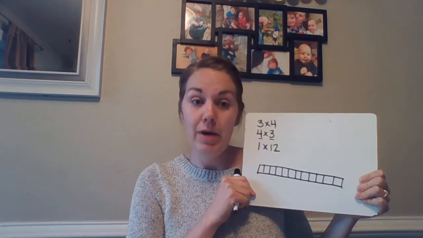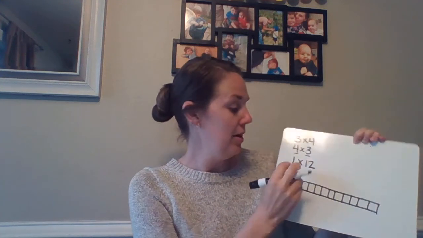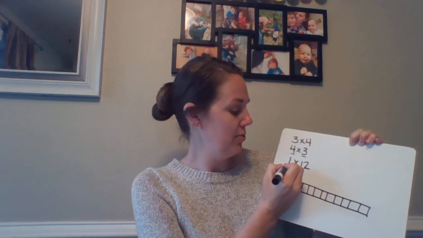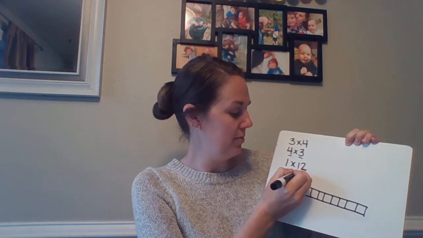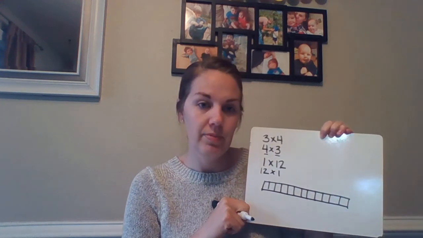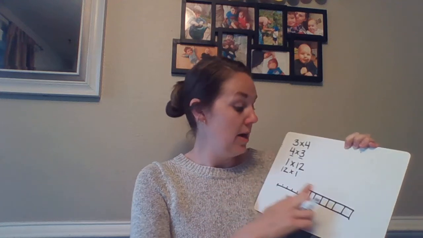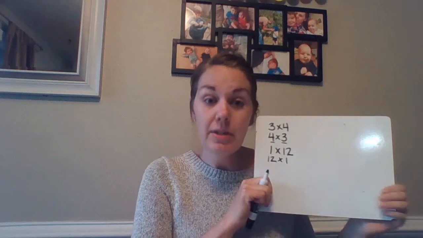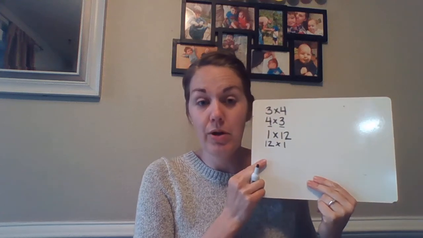So that would be one way. And now let's remember that we can also switch it around. So I could also have 12 rows, each with 1 square in it. So my flip-flop of 1 times 12 would be 12 times 1. Okay? So that's another 2 ways to show different rectangles that would display 12 squares.